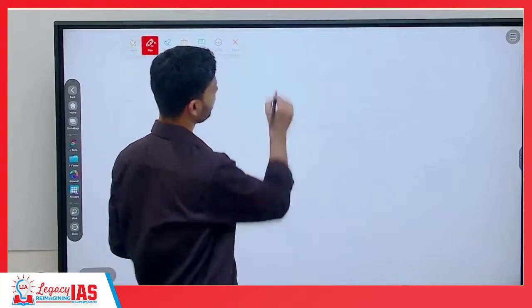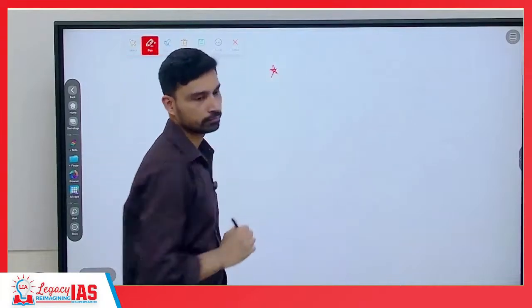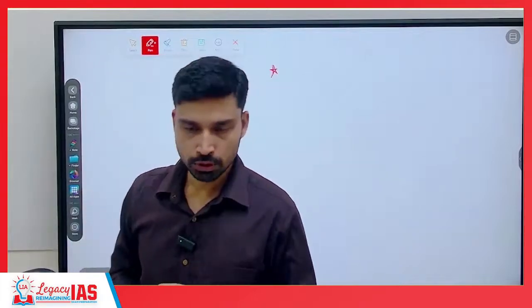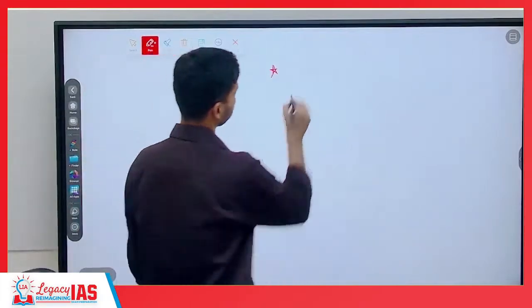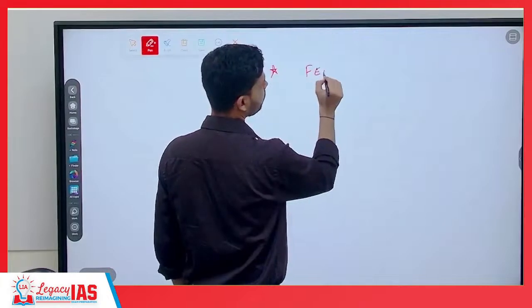The next point we can write here is about the femur angle.